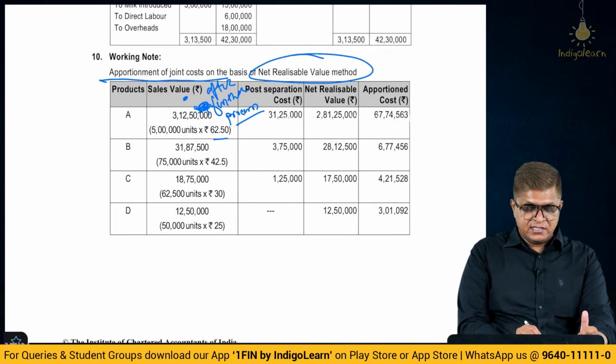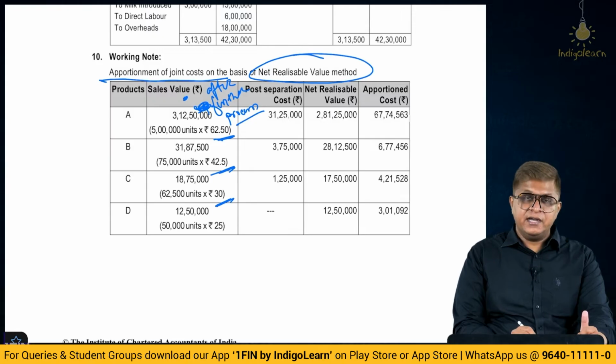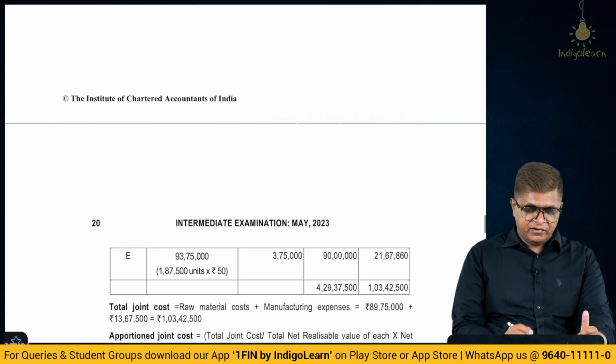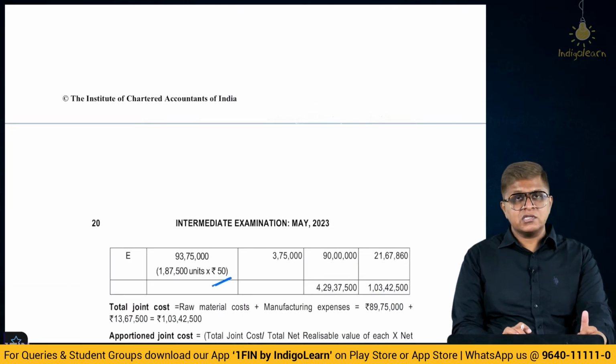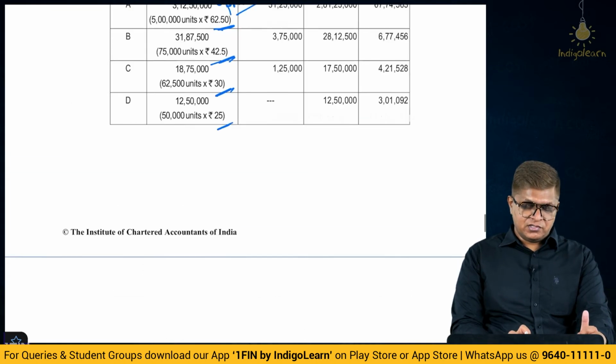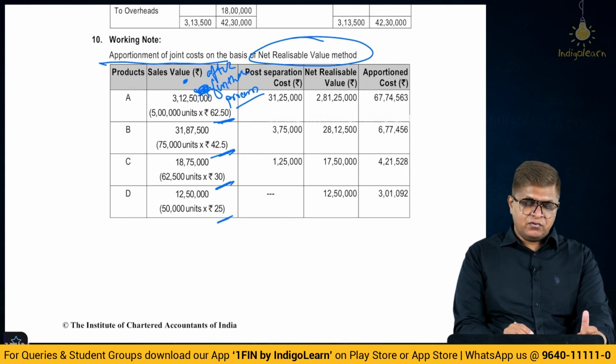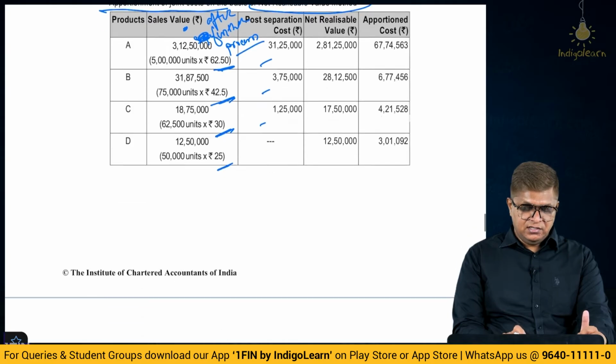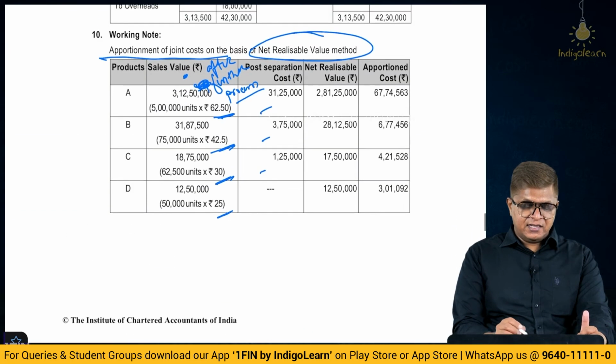This you can check: 62.5, 42.5, 30. For D it is at the split off point, and for E they have taken 50. These are all values after the further processing, less whatever is the post separation cost they have calculated, and that is how they have arrived at the net realizable value.